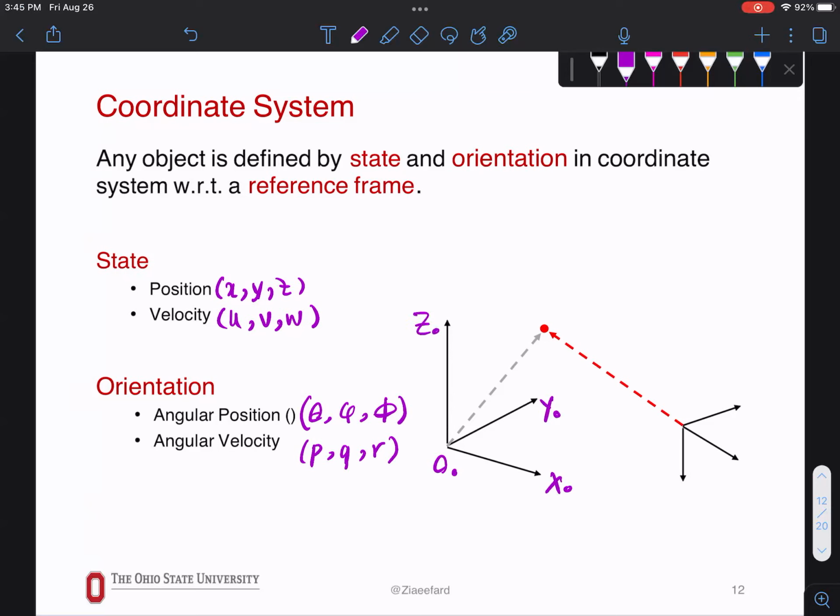And this one is frame B. This is ZB, then XB, YB. How do we identify the position of P? So P0 is a point in the space. So this is the corner of the room, right?